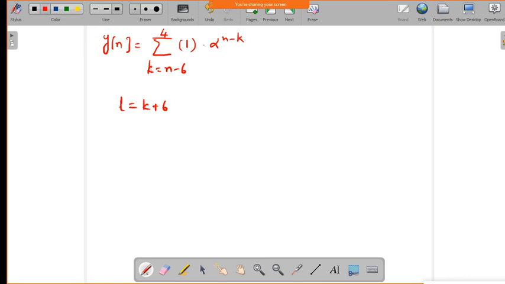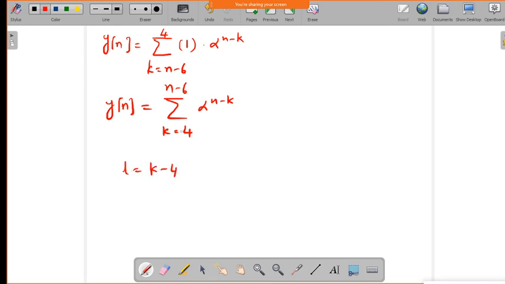Now, when we want to get the value for k equal to 0, just manipulate this properly, otherwise you will not get the correct result. I can express y of n as the summation over k from 4 to n minus 6 of alpha power n minus k. Now let L equal k minus 4.